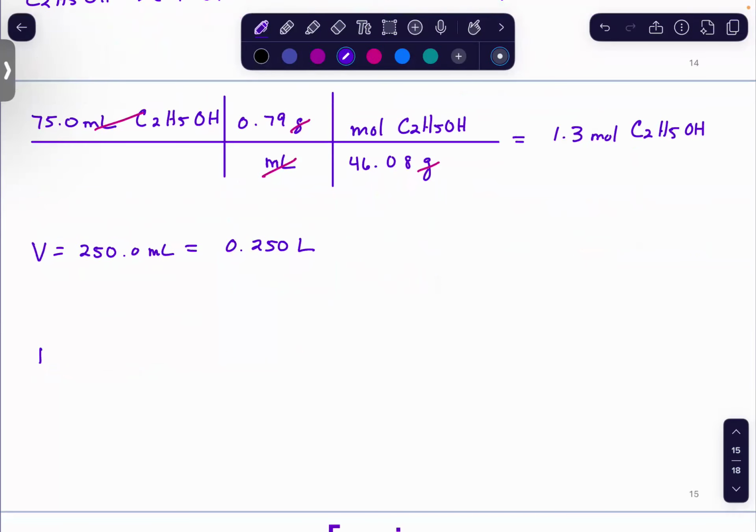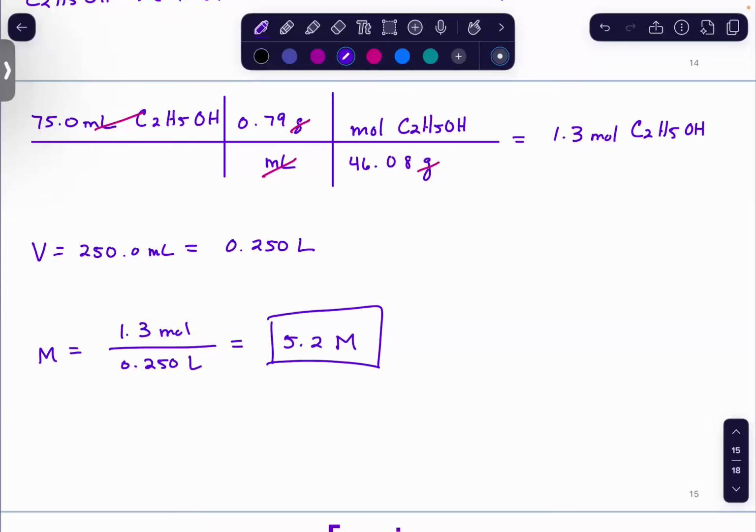And now my molarity, that's going to be my 1.3 moles per 0.250 liters. Or when I divide 1.3 by 0.250, I get 5.2 molar. So again, that capital M is moles per liter. So one thing you could do in chemistry is you could say, what do I have? What are the units of the thing I need to calculate? How can I put the numbers I have together to make that happen?